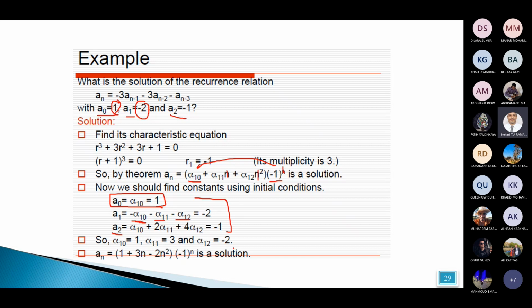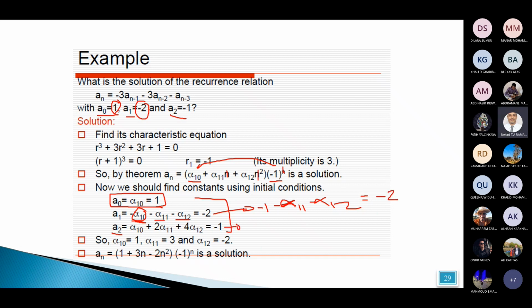Here, for example, I will show you. Instead of α_{1,0}, put 1. So -1 minus α_{1,1}. Why -1? Because I put the value of α_{1,0}, it's 1. So -1 here. Then minus α_{1,1} minus α_{1,2} equal -2.